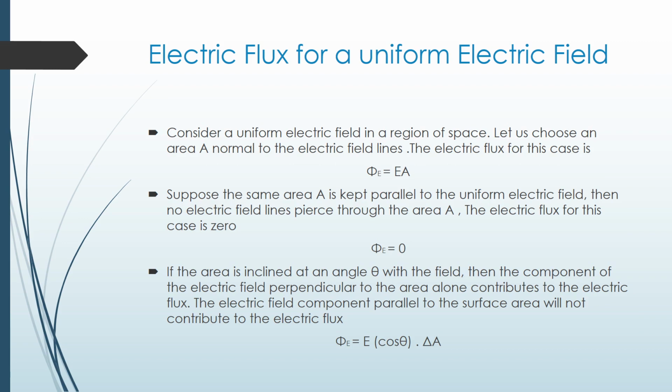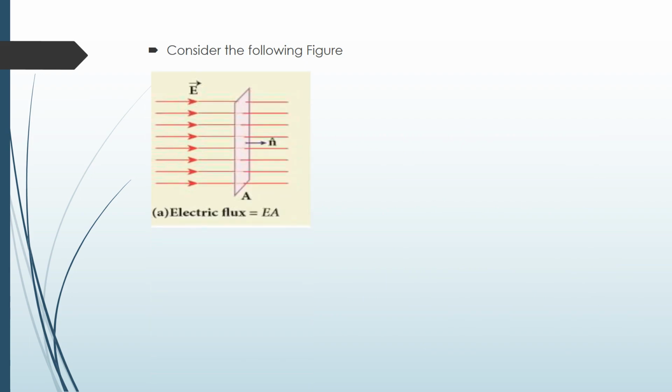In order to understand these equations, we should go towards some figures which explain these equations. Now, in first figure, you can see a uniform electric field passing through a certain surface. Now, you can see that the surface is perpendicular to the direction of the electric field, or you can say the area vector is parallel to the direction of the electric field lines.